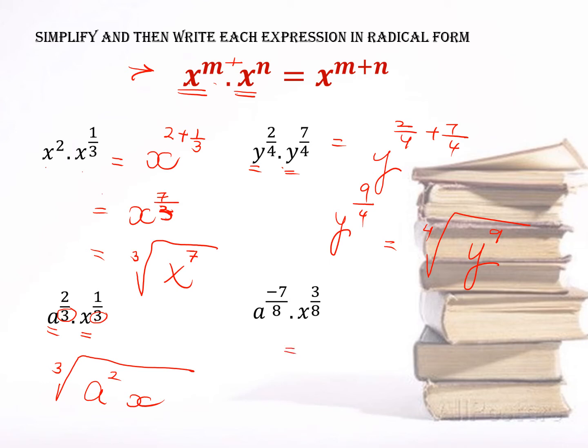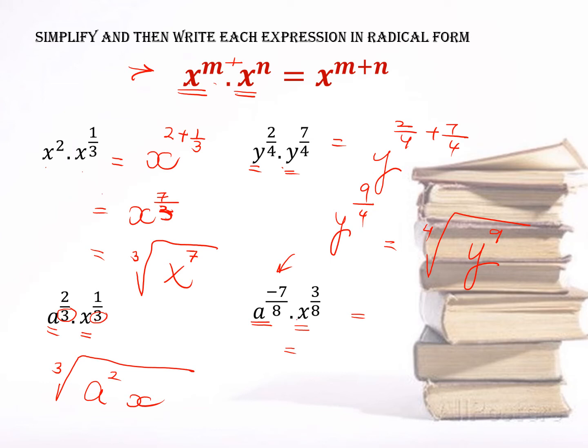You will understand this one. A to the power negative 7 over 8 and x to the power 3 over 8. The first question, ask yourself, are the bases same? No, the bases are not same. It means the answer stays as it is. But what I told you is that if you have any negative power, always convert it into a positive one by changing the place of the base.